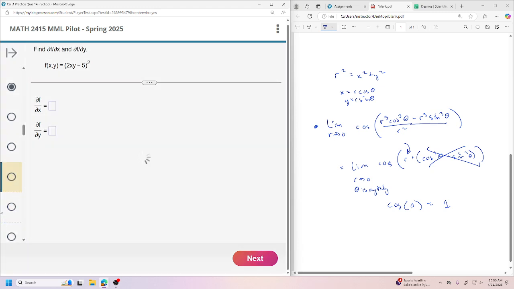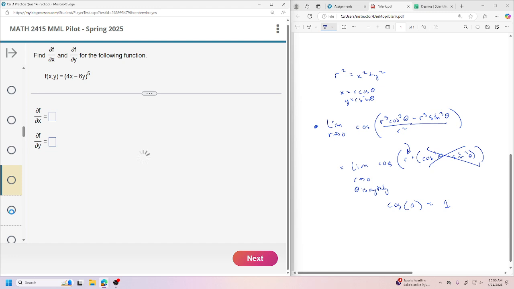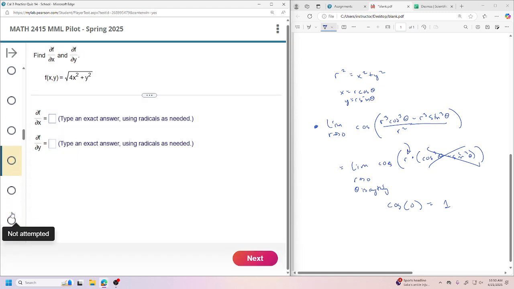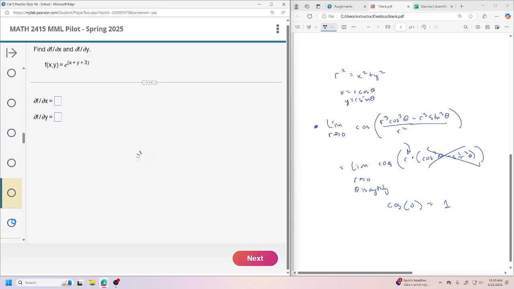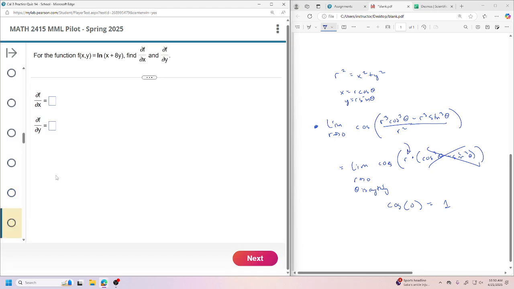Like all this is not a big deal. Like we've said many times, you can always take a derivative. I know that looks like a lot, but it's not that bad. It's just quotient rule. But very doable.